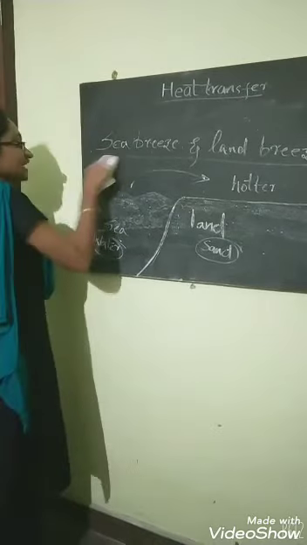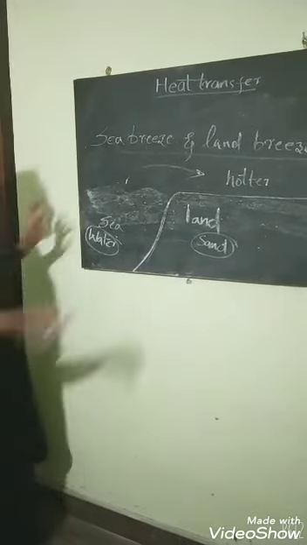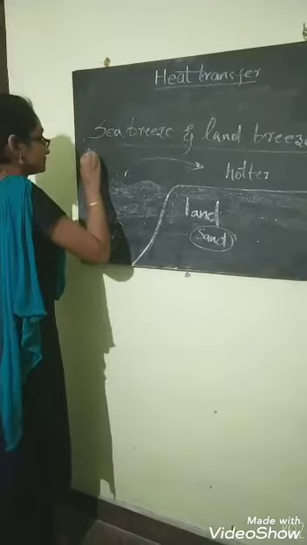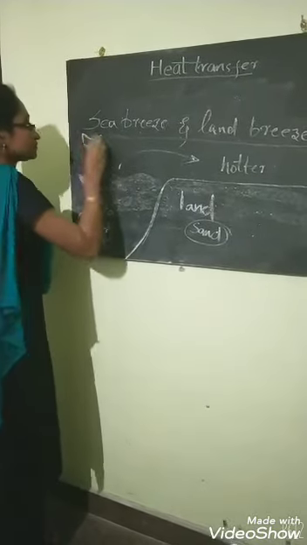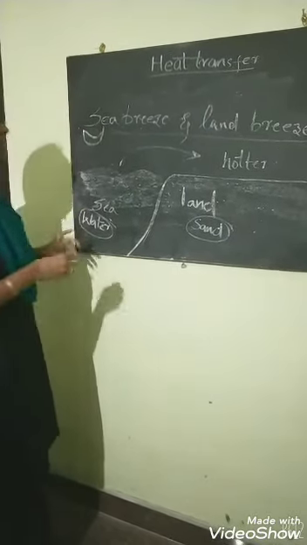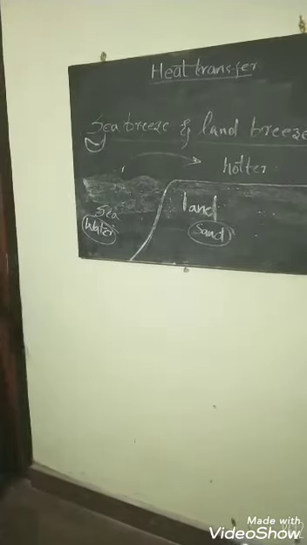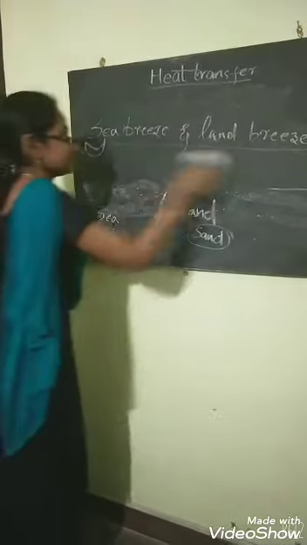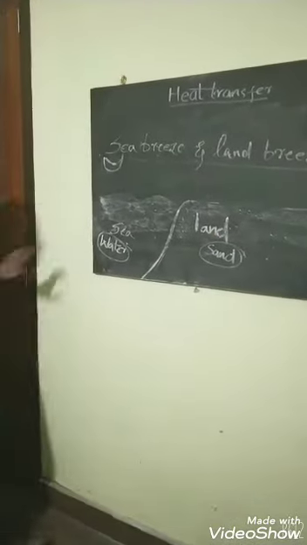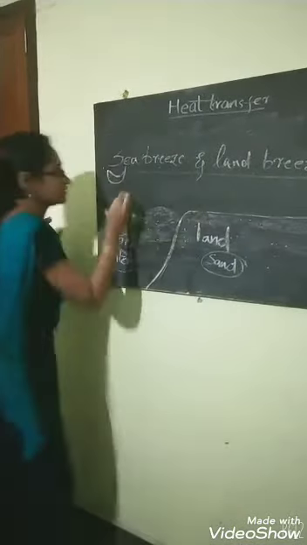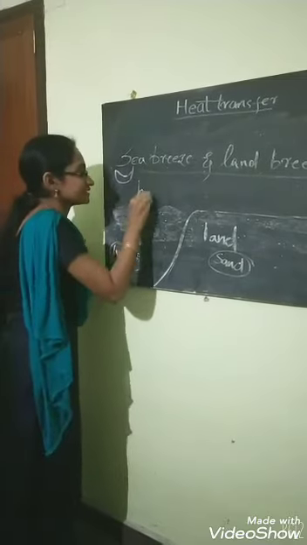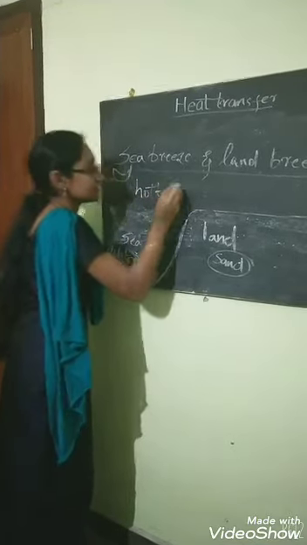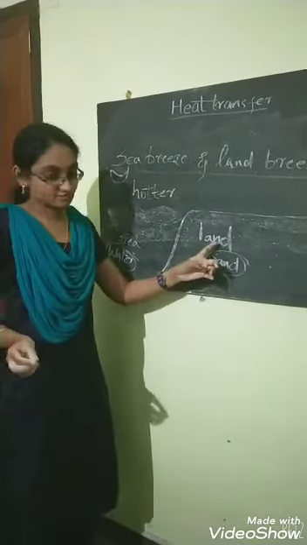at night there happens the reverse of this. At night there is no sun, and at that time the sea has a higher temperature. So the sea is hotter than the land.